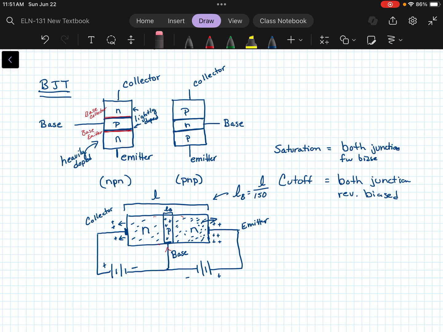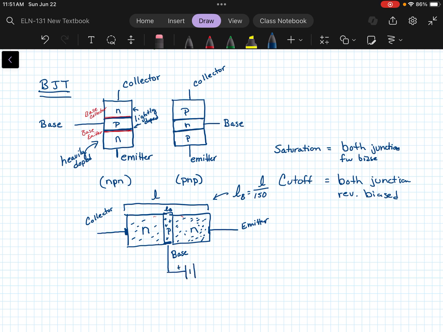Okay, so there's one other operating area that we can look at. And that is if we forward bias the base to the emitter side.